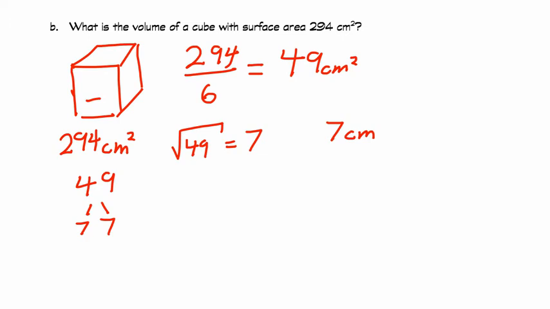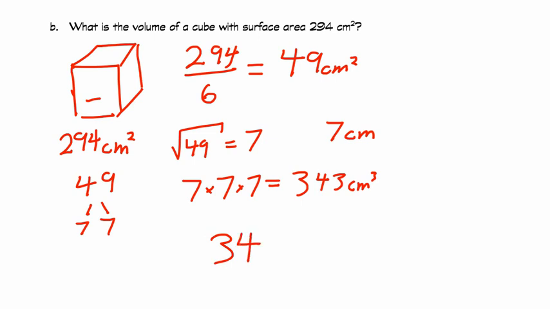Now that we know the side length, we can find the volume by taking the width times the length times the height, which is 7 times 7 times 7, which is equal to 343 centimeters cubed. So the volume of this cube is 343 centimeters cubed.